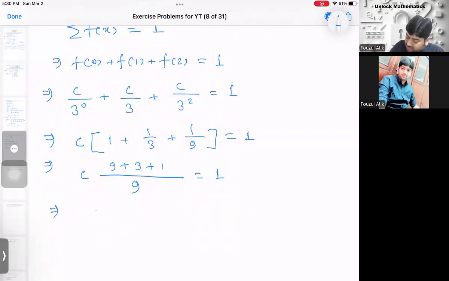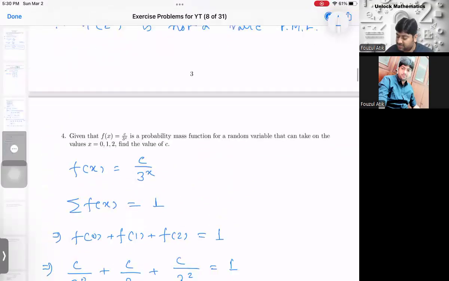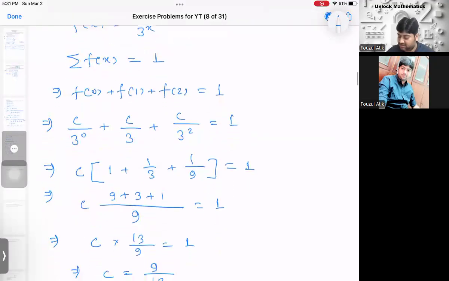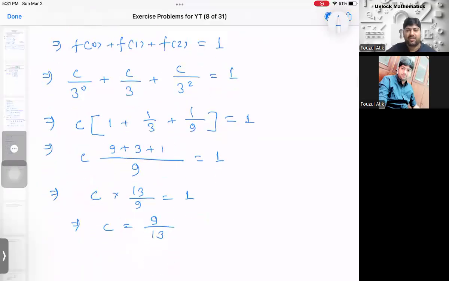And therefore c into 13 by 9 is equal to 1, which gives the value of c equal to 9 by 13. Right? So we can easily calculate the value of c if it is a probability mass function. We have taken the second property, that the sum should be 1, and you can get this answer. I hope it is clear.